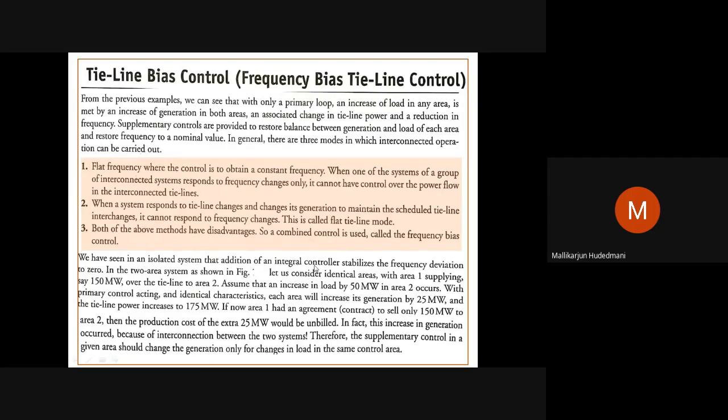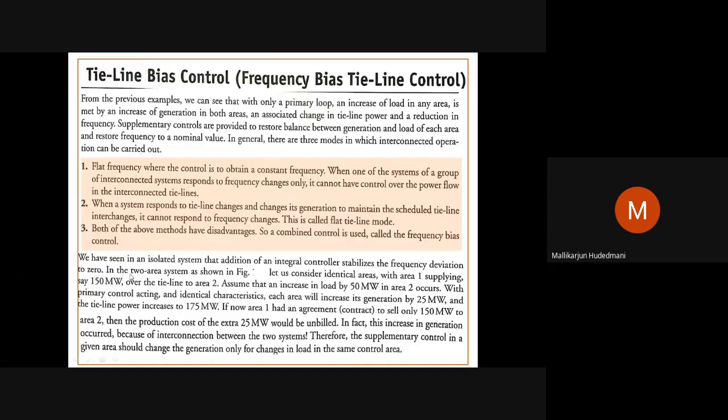That integral controller is taken from the particular delta omega and fed back to the power set point. It means speed set point changer, that we call as ACE, area control error concept. The integral controller stabilizes that frequency deviation in that area.